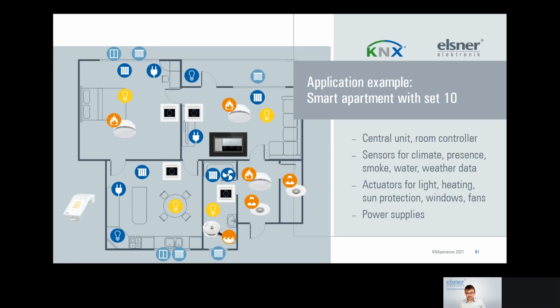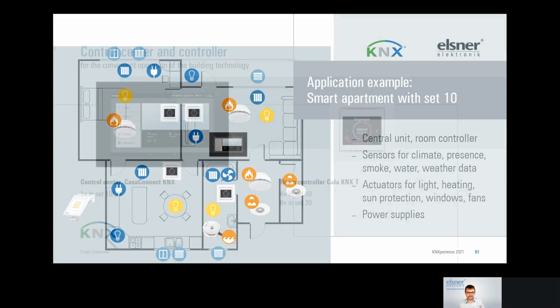Moreover, actuators for light, heating, sun protection, windows, and fans are also within the package. Last but not least, the power supplies for the KNX bus, as well as for the weather stations and the CasaConnect are also included. Let's take a closer look.